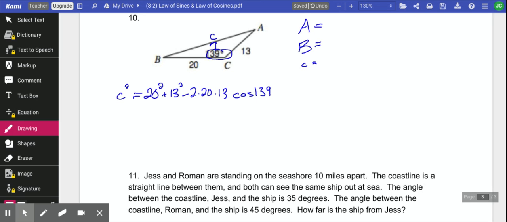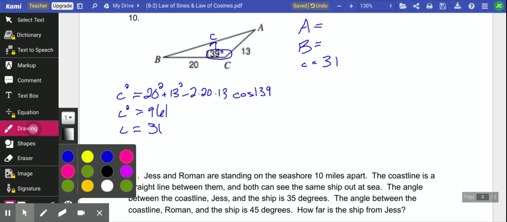This is the easy one for law of cosines because everything on the right-hand side of the equation is all numbers. Just go to your calculator. Put it all in there. 20 squared plus 13 squared minus 2 times 20 times 13 times cosine of 139. You get 961 point something, and then take the square root of that. So 31.